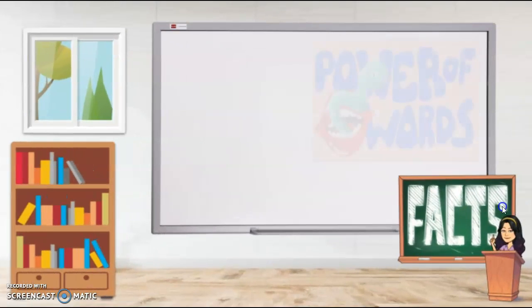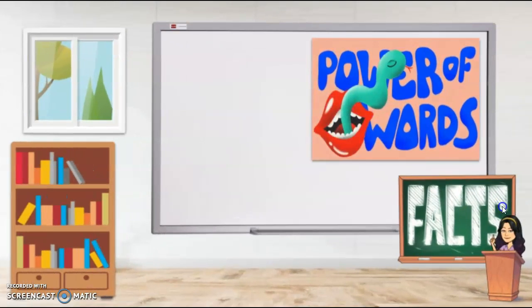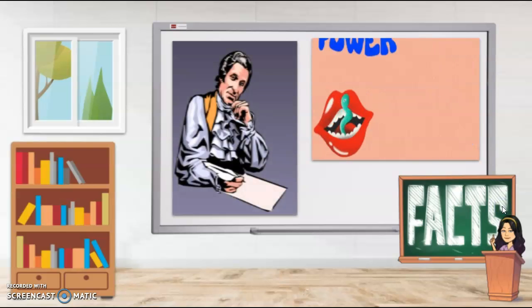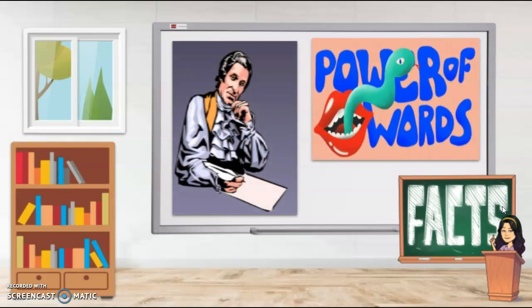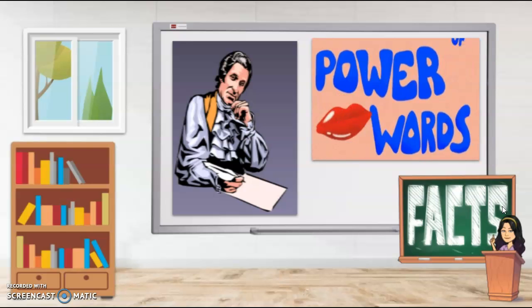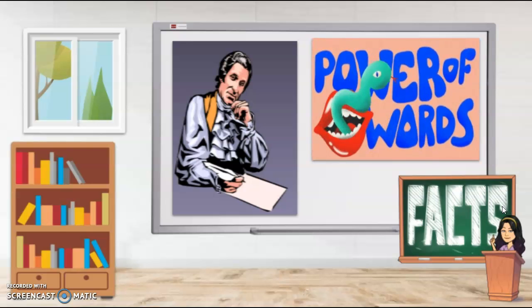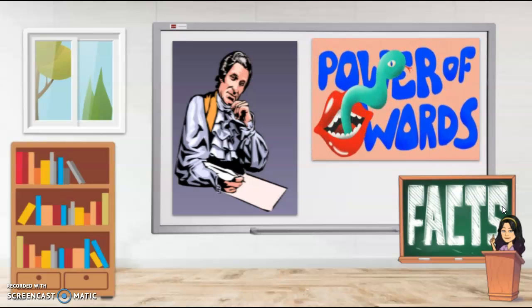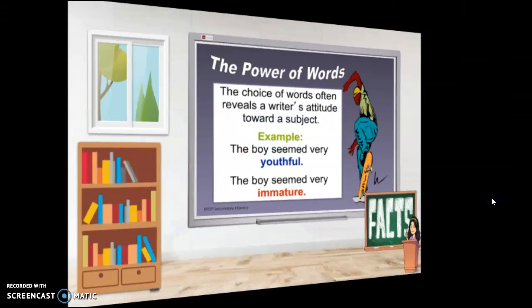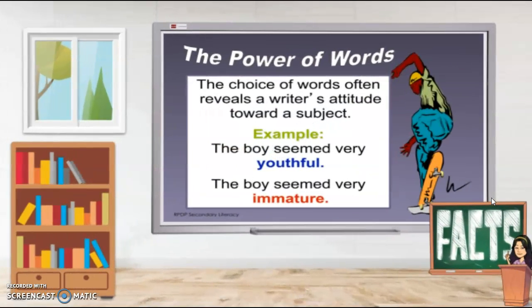Well, writers have always been sensitive to the emotional power of words. Writers who wish to create a more emotional response in their readers will choose words with a stronger connotation. The choice of words often reveals a writer's attitude toward a subject. For example, the boy seemed very youthful. The boy seemed very immature.